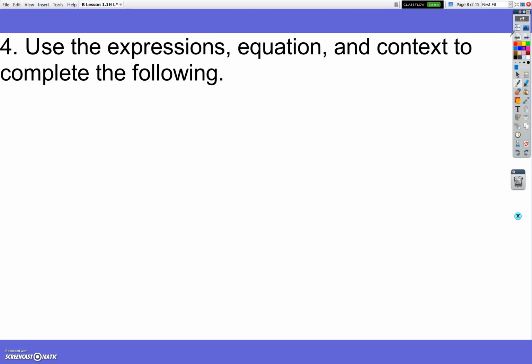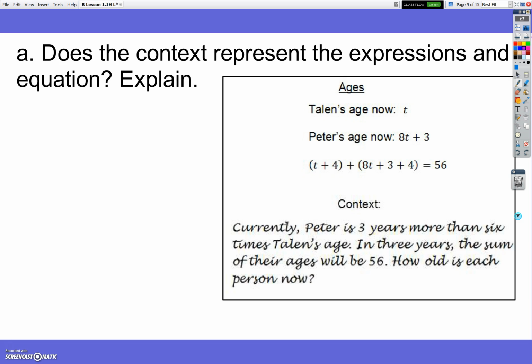Alright, so now what we're going to do, guys, on this one, we're not going to have any fill-in sentences. You're going to need to create them on your own. So it says, does the context represent the expression or the equation? Explain. Currently, Peter is 3 years more than 6 times Talon's age. So currently, we have Peter, we have Talon.